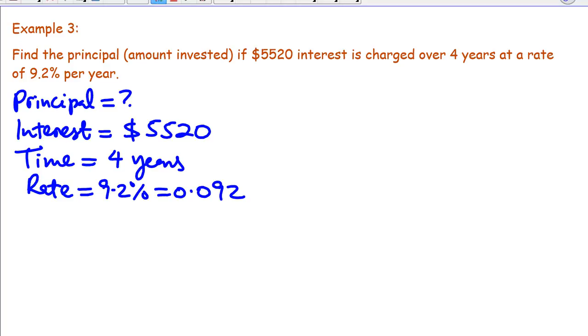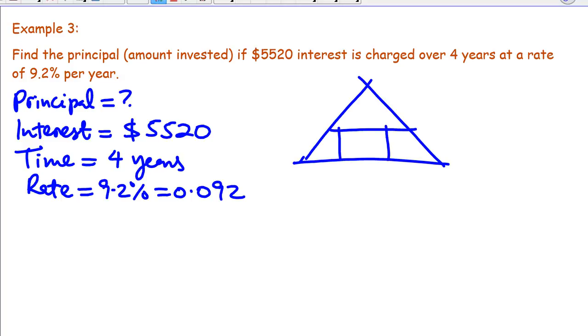So what we have to do is draw our little triangle and figure out which formula we need to plug in whatever we are given. Interest is equal to PRT.